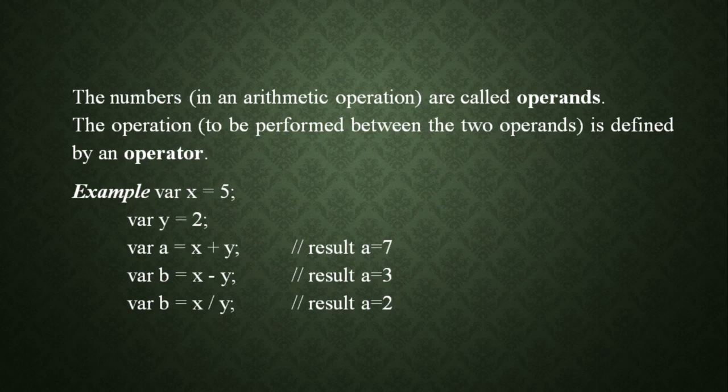If you see the example, here I have taken a equals x plus y. x equals 5, y equals 2. Now, x plus y means 5 plus 2. 5 and 2 are operands with an operation plus.